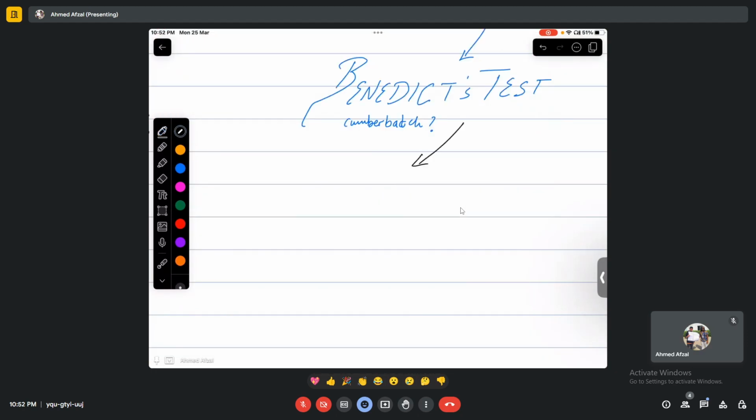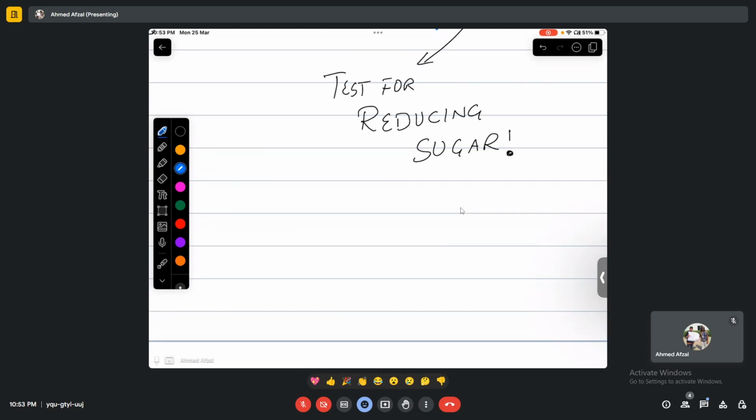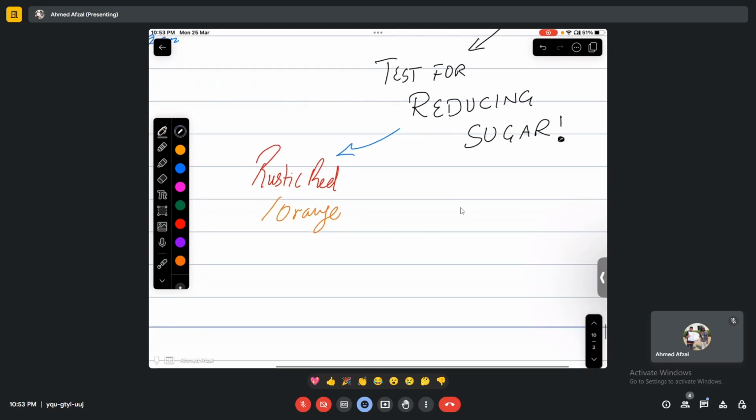Of course, if reducing sugars are not present, that would by default mean that the solution contains non-reducing sugars. If you add Benedict's reagent to the solution and the solution turns rusty red or orange, that would indicate that 6 plus sugars are present and that the reducing sugar test is positive.